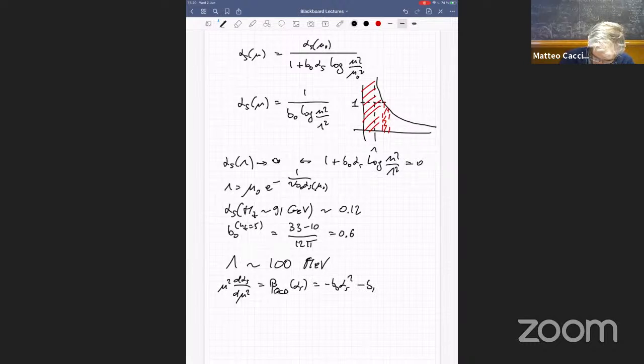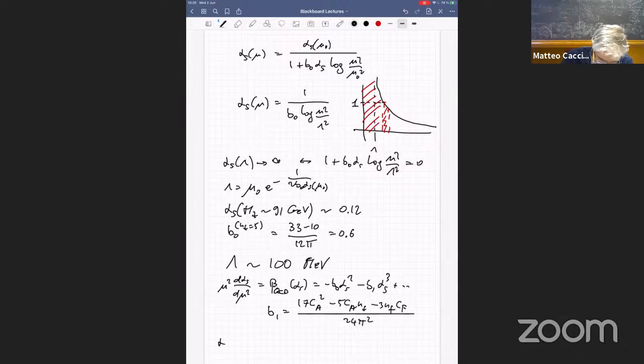Suppose you also calculate B1 alpha S cubed. You do the calculation, and it has been done already immediately in the 70s, I think, or something like this. B1 equals 17 CA squared minus 5 CA NF minus 3 NF CF, I think, divided by 24 pi squared.